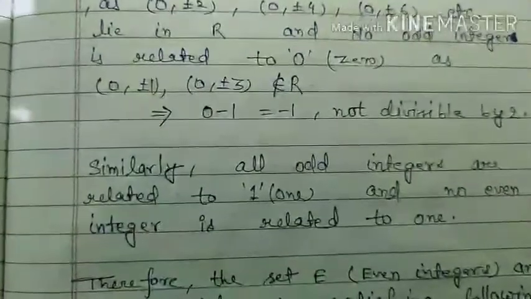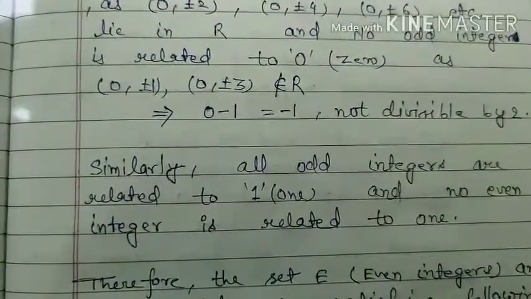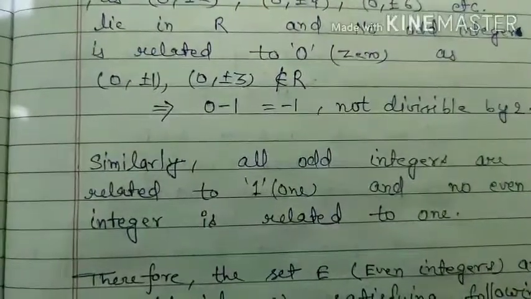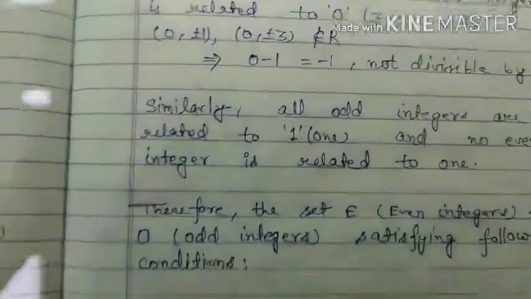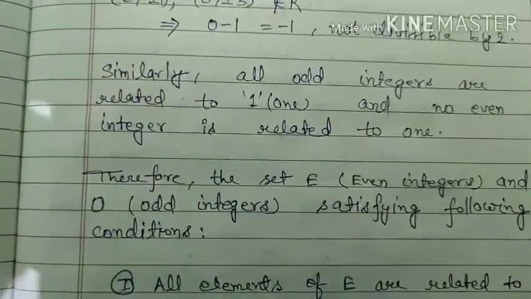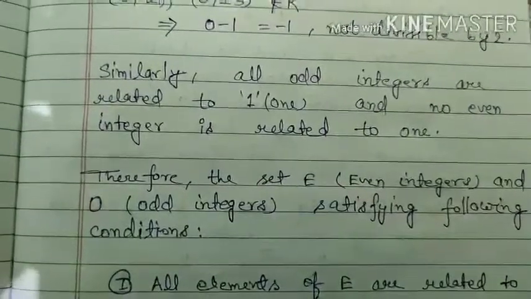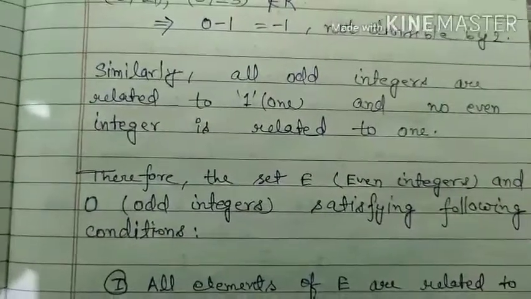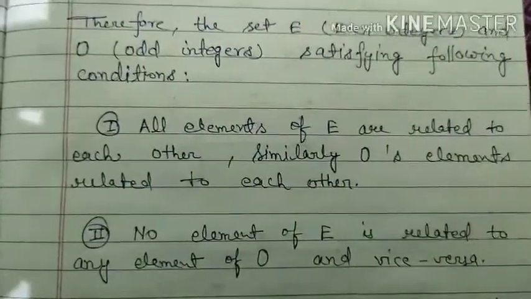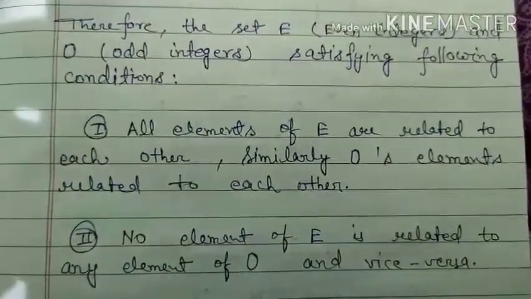Similarly, all odd integers are related to 1 and no even integer is related to 1. Therefore, the set E of even integers and O of odd integers satisfy the following conditions. First, all elements of E are related to each other.